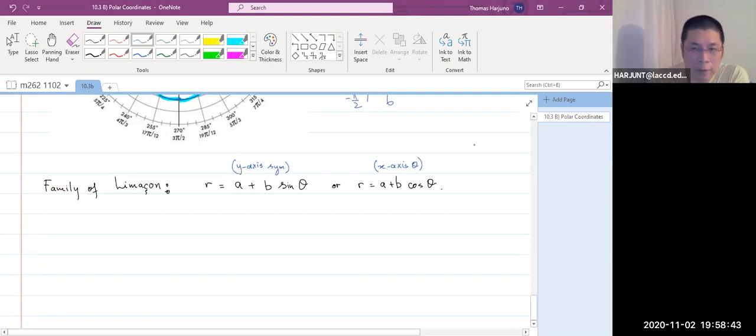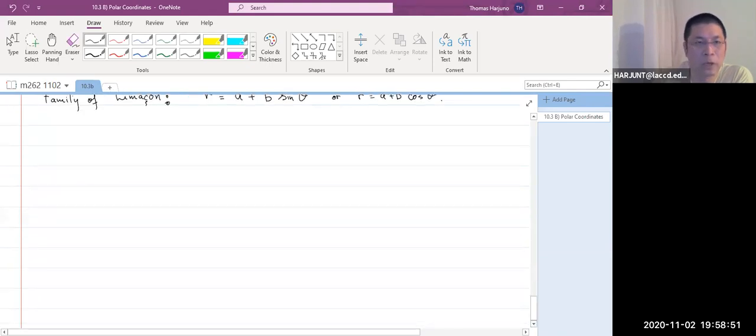I will graph 3 equations, and then I will use my software to sharpen our intuition. I will start with, for example, r equals 5 plus 3 sine theta.